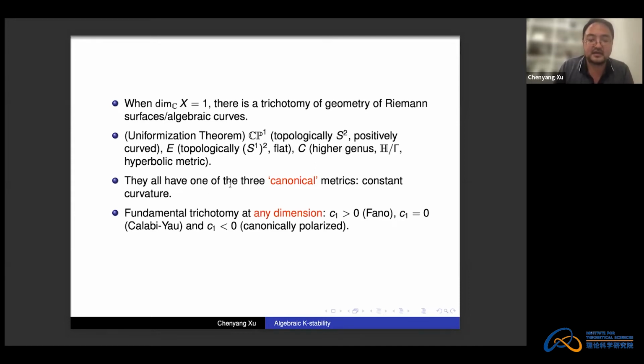The second case is when C1 is equal to 0, which we usually call a Calabi-Yau variety. And the last one is when C1 is negative, so we call it a canonically polarized variety. I'm not saying these are the only generalizations of the Poincaré uniformization theorem to higher dimension, but arguably these are the deepest perspectives, in complex geometry.